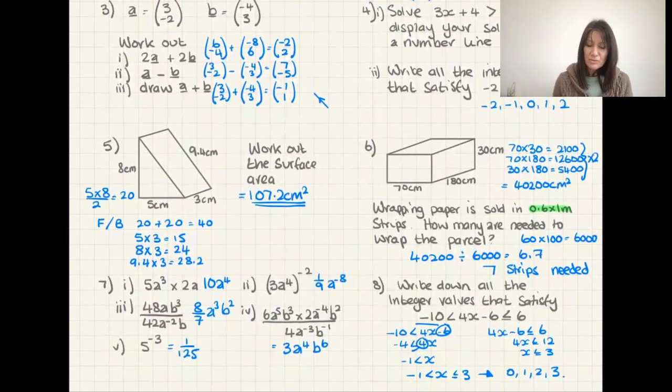I did want to just point out just a couple, really. I'm not going to say a massive amount. Question 6, I really wanted to point out that sometimes they're not going to say work out the surface area and literally make it stand out. This type of question is talking about wrapping up a solid.